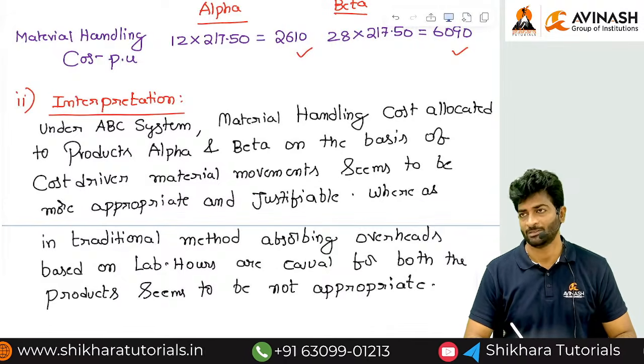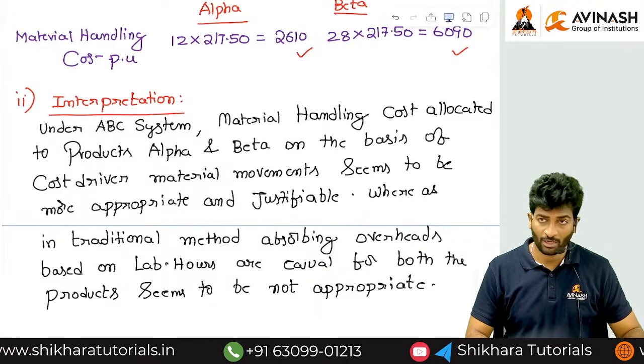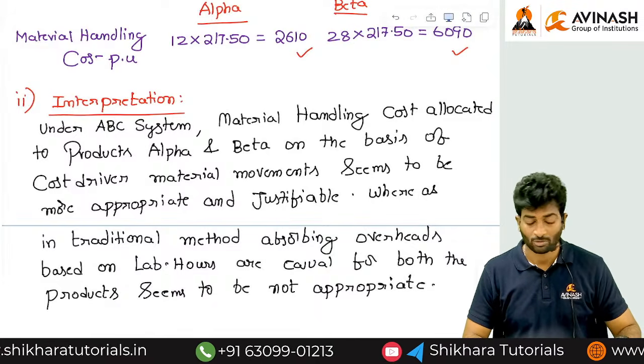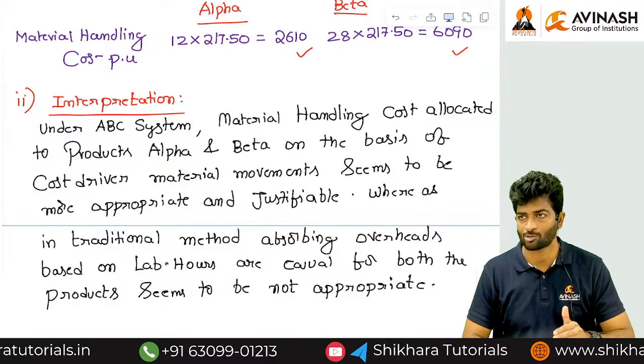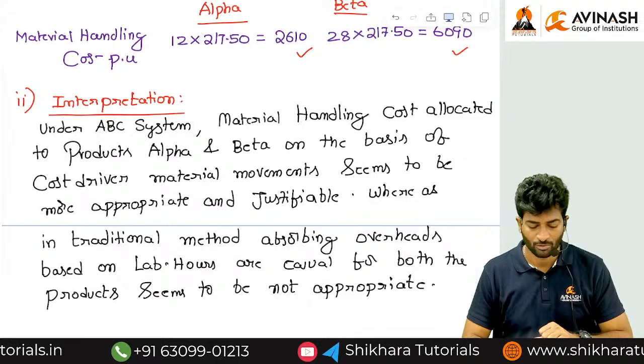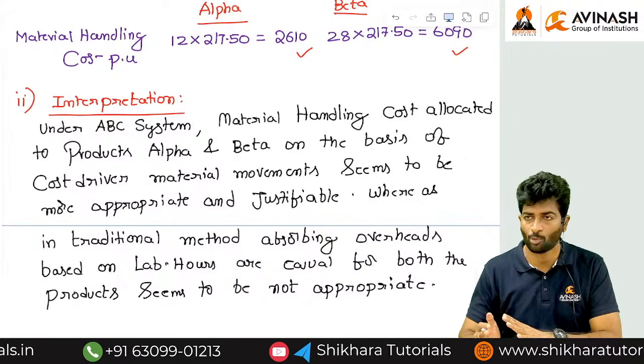Based on activity, something else. One is absorbing more resources, absorbing 12, the second one is absorbing 28 material movements. So it should be allocated more amount of overhead, right?